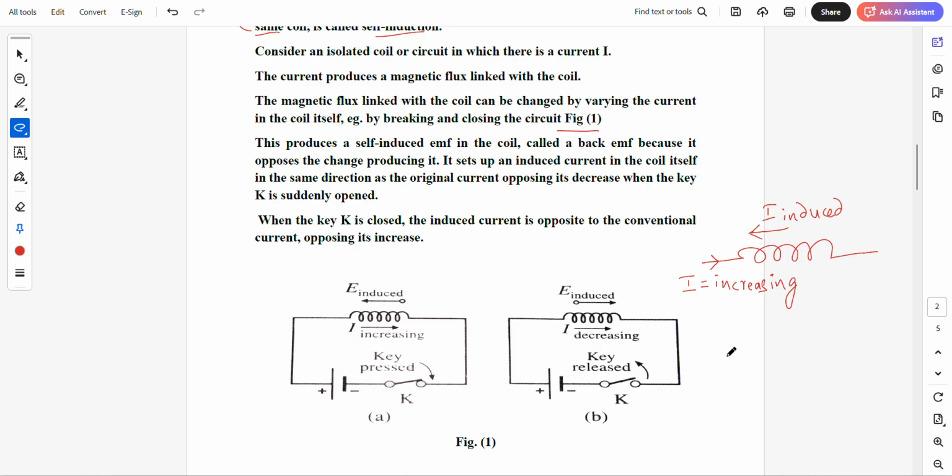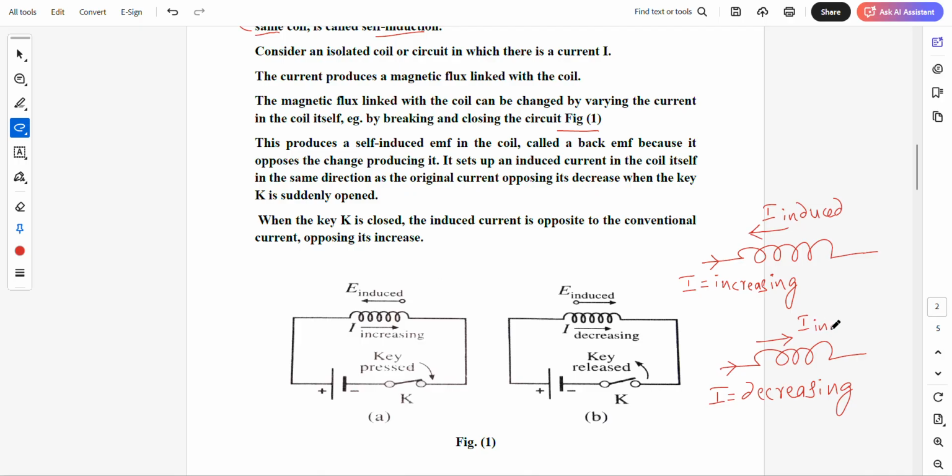Now let us say a coil or circuit is there, and I is decreasing. This concept will help you to solve the problem. I decreasing means I induced will be in the same direction.